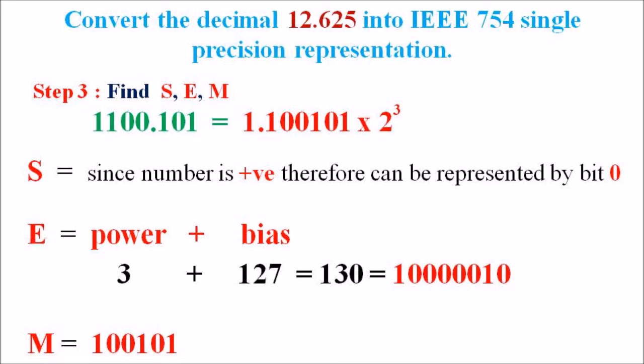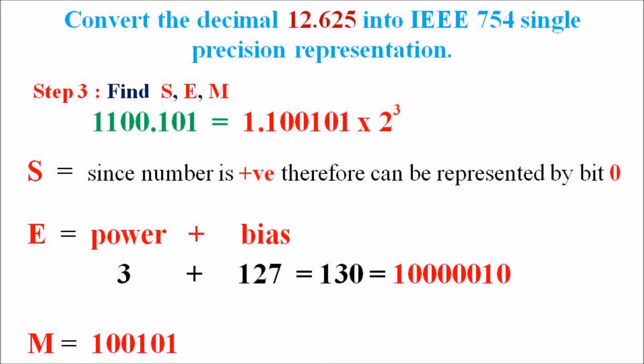As discussed in earlier lectures, a positive sign is represented in binary with a 0 bit. So the sign bit for this number is 0.